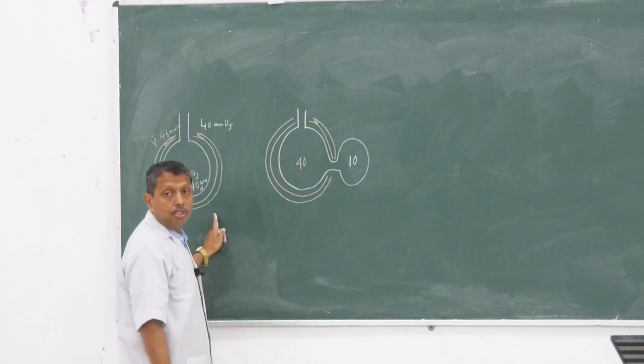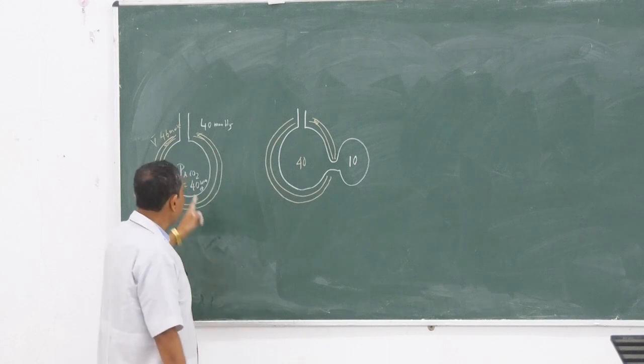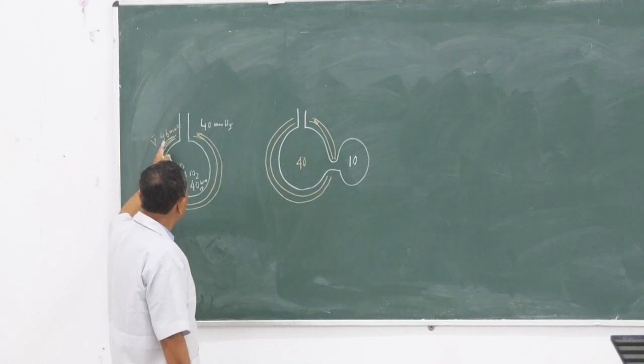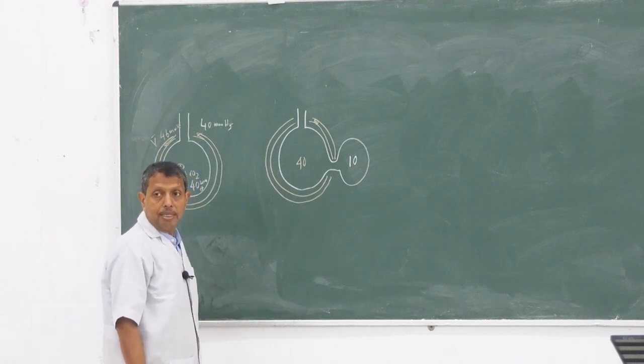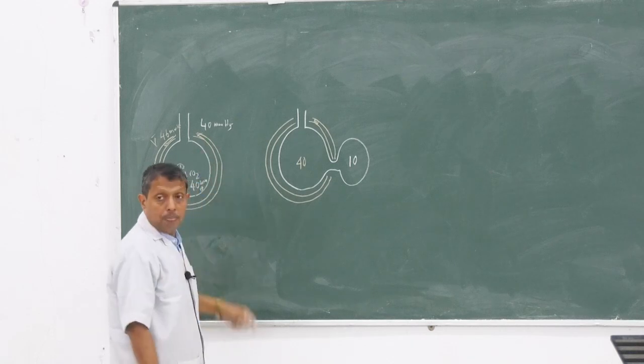Here it is the ideal condition. The red color indicates the perfusion, and there is exchange. Initially, blood is coming with a partial pressure of carbon dioxide of 46 millimeters of mercury, mixed venous blood, and it is coming out attaining equilibrium.